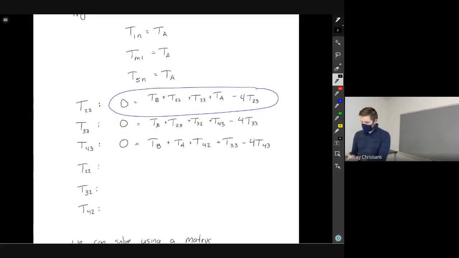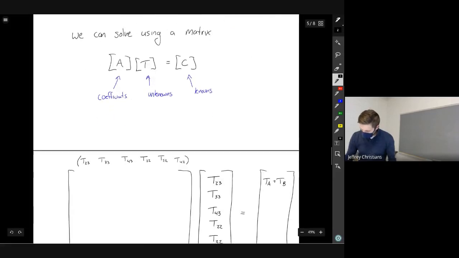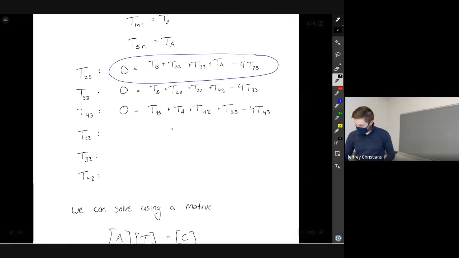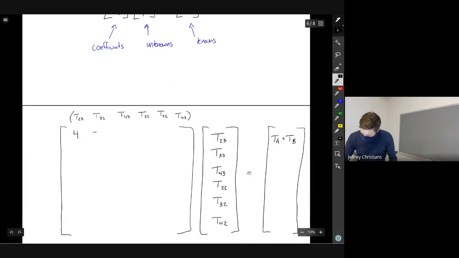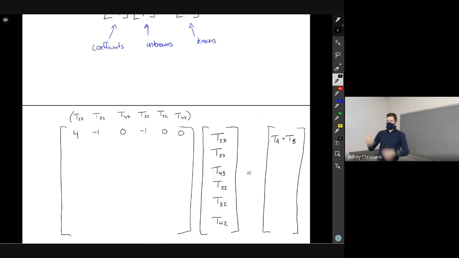And on the other side of the equation, we would have a positive 4 T23, so we're going to put a 4 in that coefficient spot, and then a negative 1 T22 and a negative 1 T33, with zeros in the other spots. So we would translate our first equation into this matrix problem.